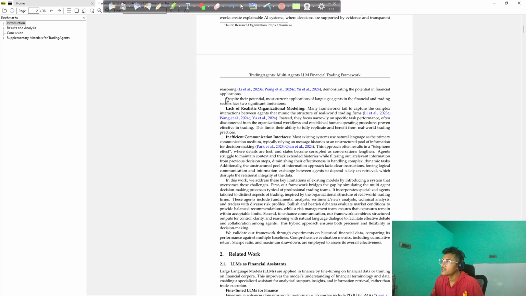All right. So despite their potential, most current applications of language agents in the financial and trading sectors face two significant limitations. The first one is lack of realistic organizational modeling. It says many frameworks fail to capture the complex interactions between agents that mimic the structure of real world trading firms.